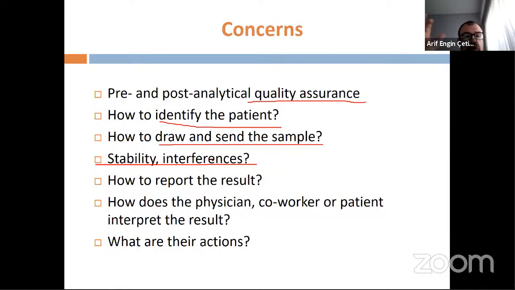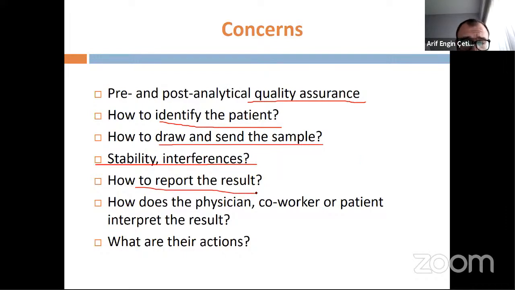If, for example, the lifetime is six months for a POCT test and you use it 1 year later, then the test result is definitely wrong. So the stability of these platforms is low compared to classical platforms.